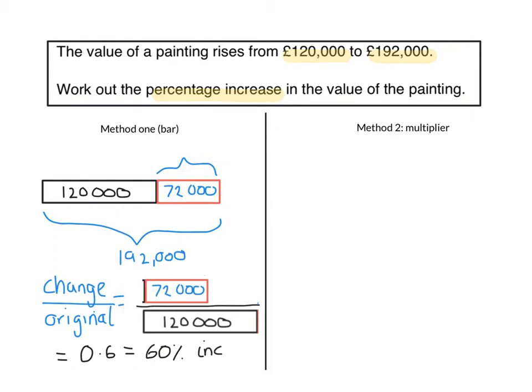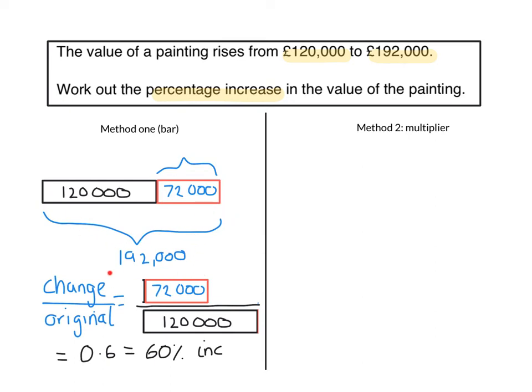So I found what 72,000 was as a percentage of 120,000. And it was a 60% increase. So just to make that clear, 120,000, if I found 60% of it, I would get 72,000. Add them together, I get my total of 192,000.